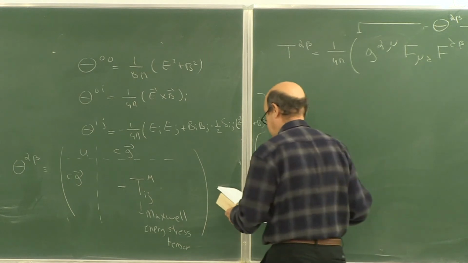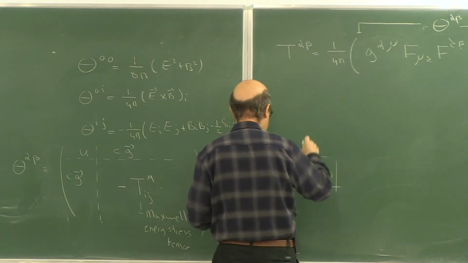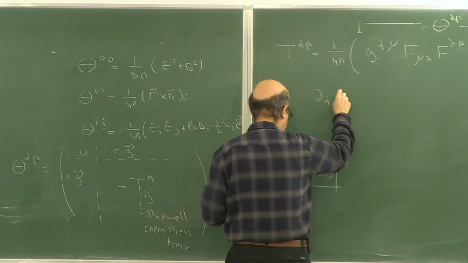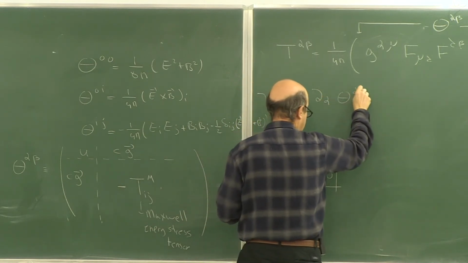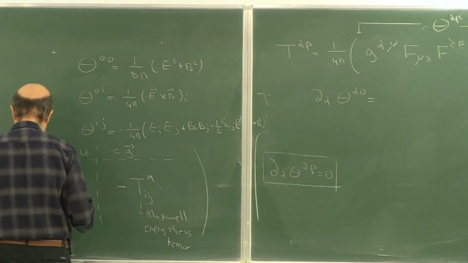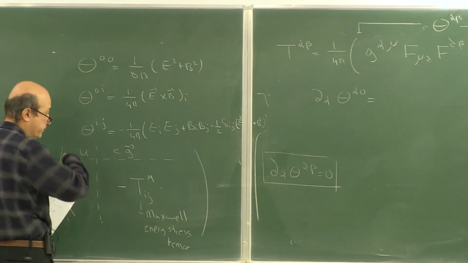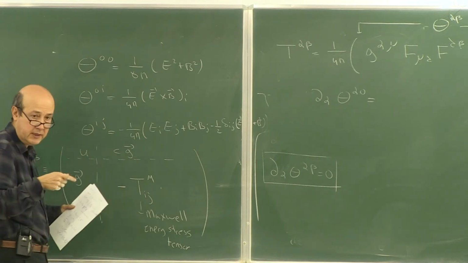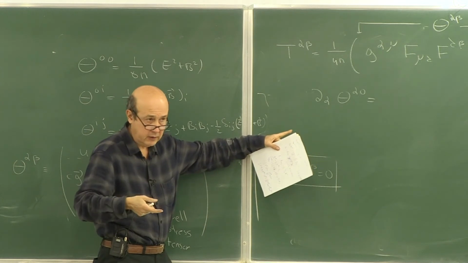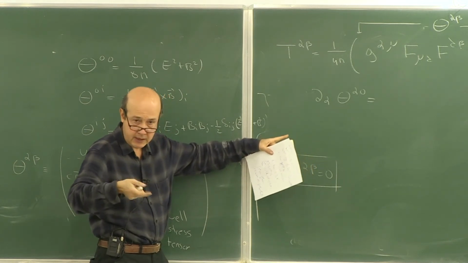So for example, if you look at the derivative del_alpha theta^alpha0, what is this? Alpha is 0, 1, 2, 3. Del of 0 is del over del t. Del over del 1 is x, y, z.